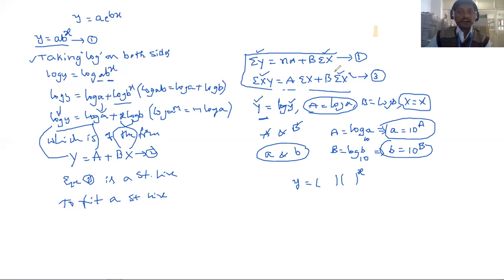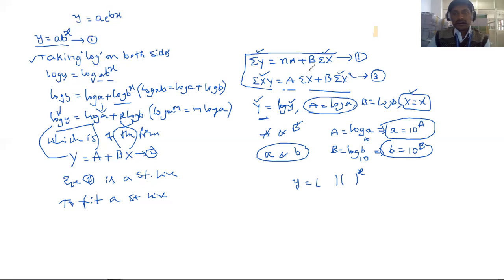From where do we get these values? Just by taking the assumptions we chose: capital X is equal to small x, capital Y is equal to log y. By taking these two, we need to get the values of X square as well as XY. After getting all those, we substitute in these two equations and solve them to get the values of capital A and capital B. But our intention is to calculate the values of small a and small b.